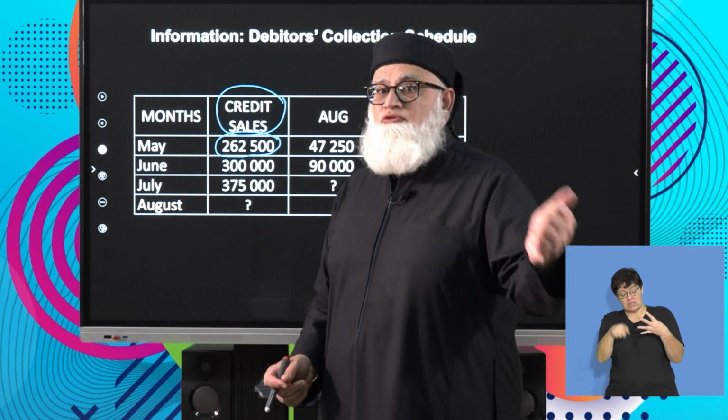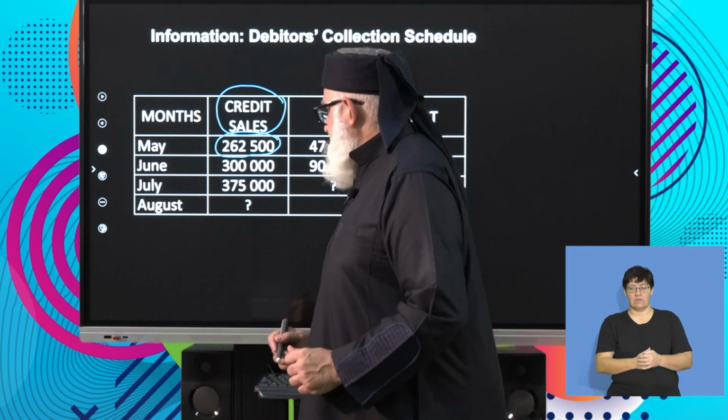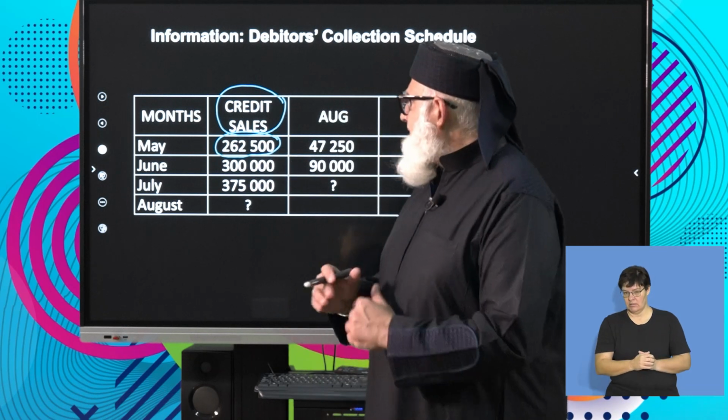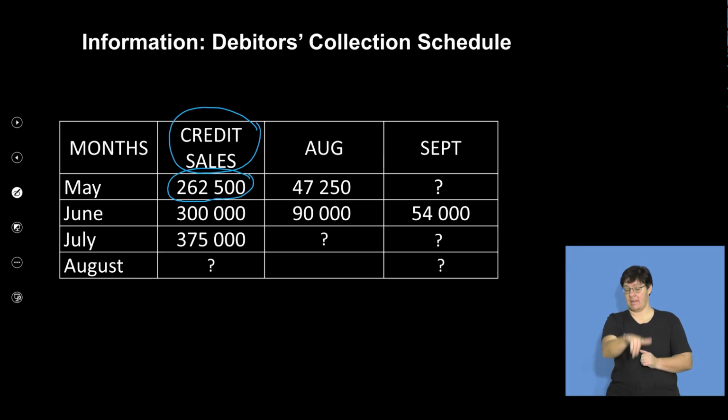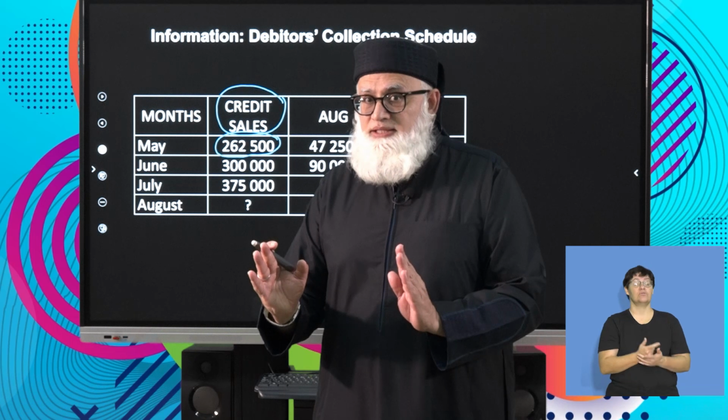And then you write off the 2% as irrecoverable. So my question to you is, looking at May, how will May impact on my budget period? So, if I sold for credit in May, some of the 50% of the debtors will pay in June, right?